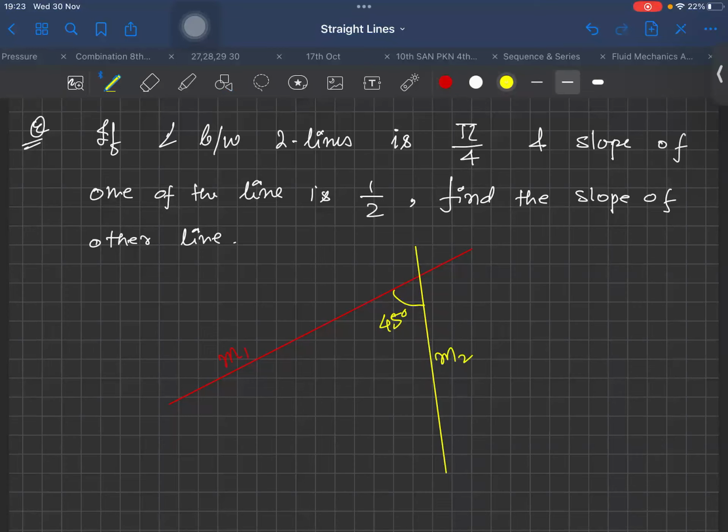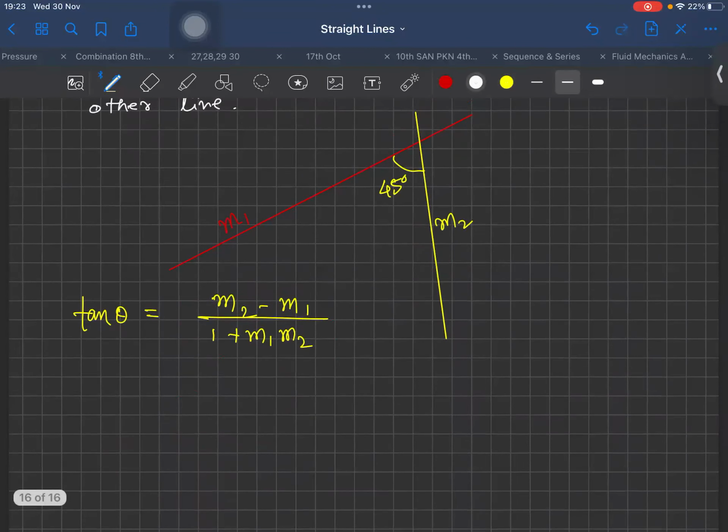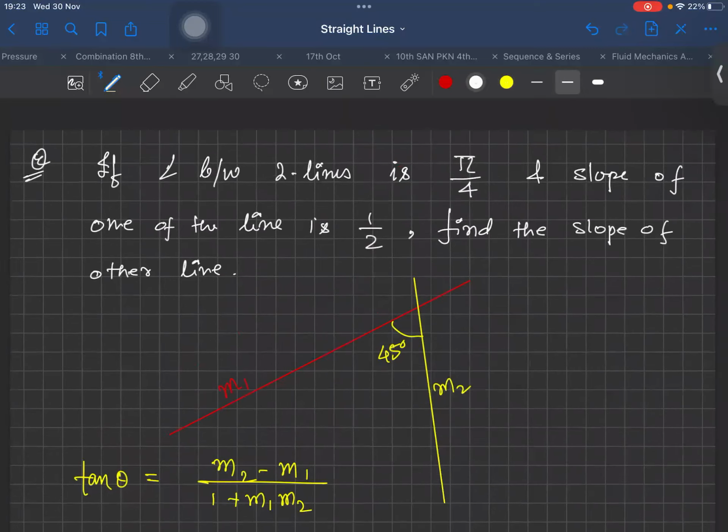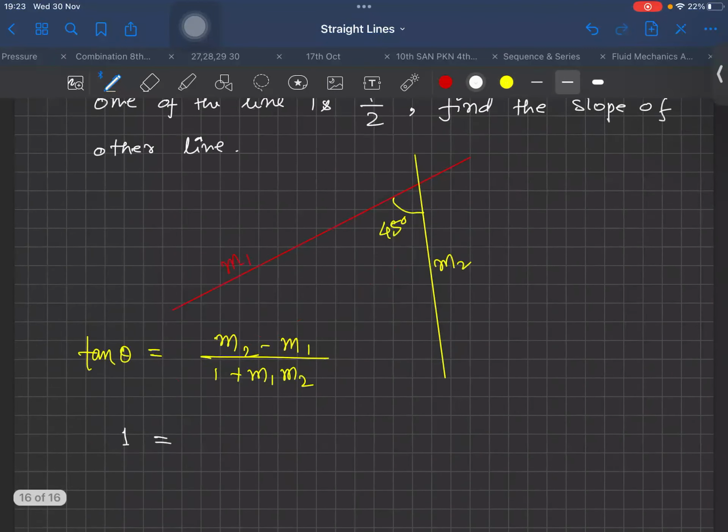Tan theta. One angle is given, right? Tan theta is equal to (M2 minus M1) upon (1 plus M1 M2). M2 M1 or M1 M2, both are the same if you multiply. Tan theta, theta is 45, so 1 is equal to that.